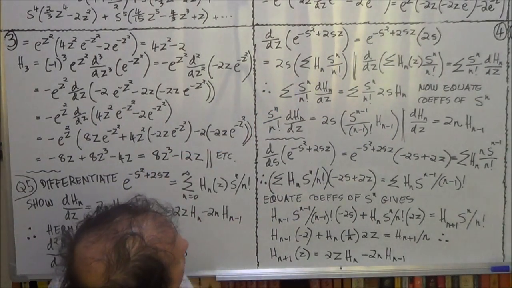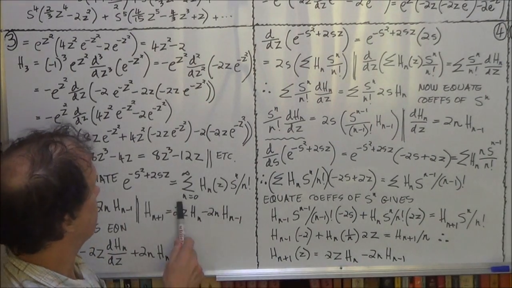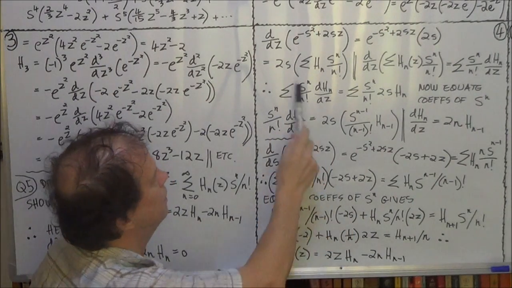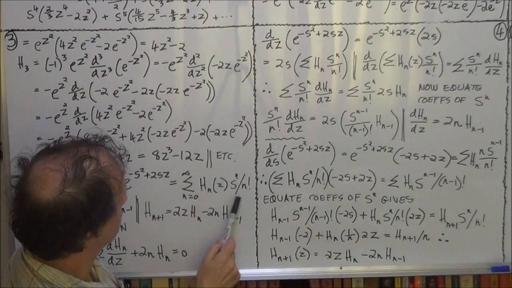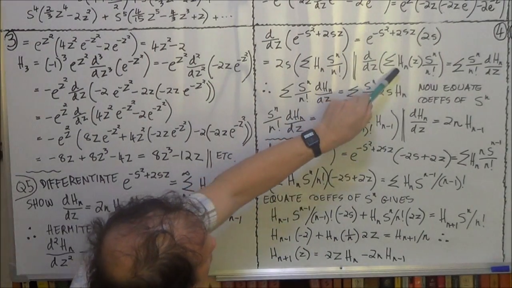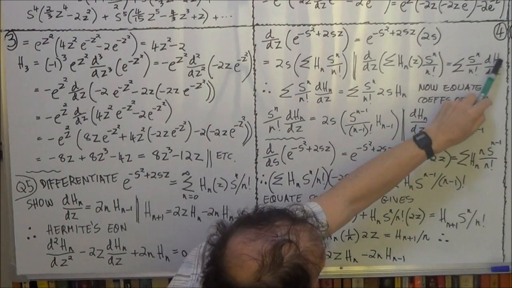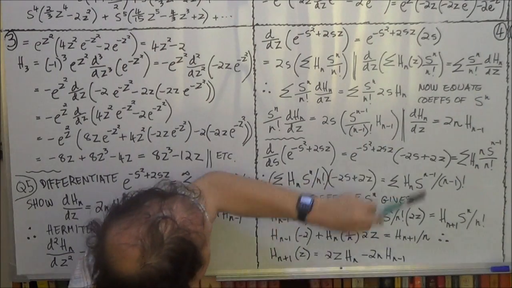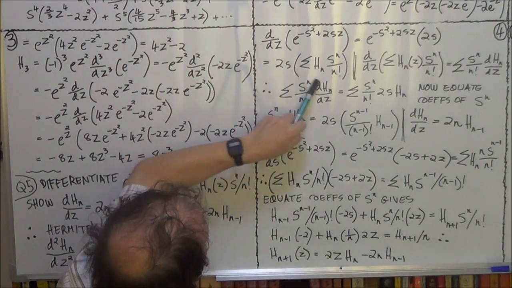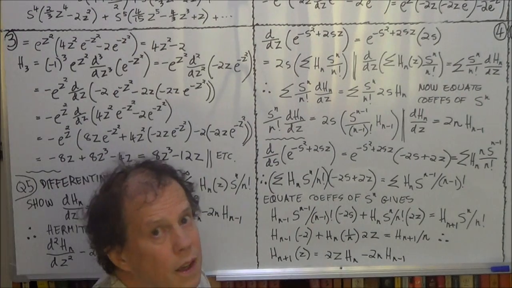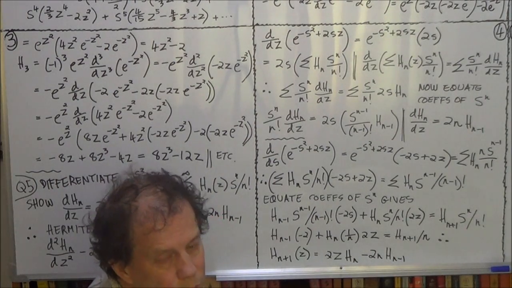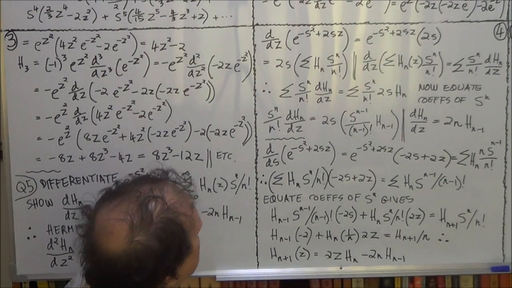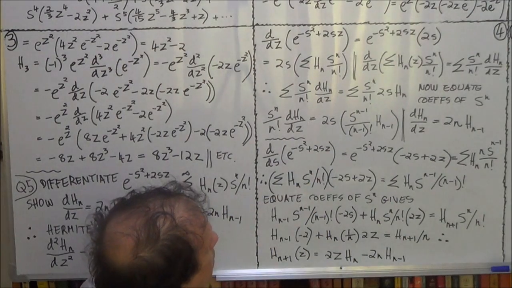Now differentiate the right-hand side; you just keep that on the back burner for a while. Differentiating the right-hand side with respect to z, you just get dH by dz, because s is not z. So this and this have to be equal, because they started off equal. If you differentiate both of them with respect to z, you get the same. So these two have to be equal.